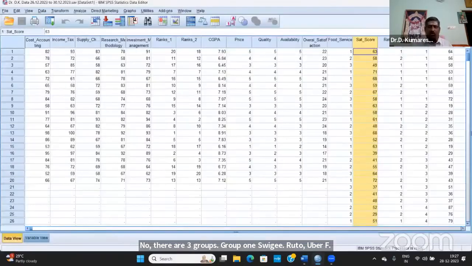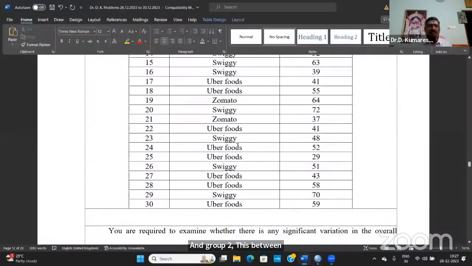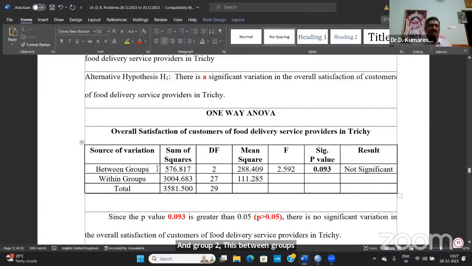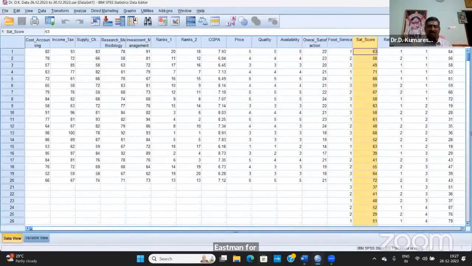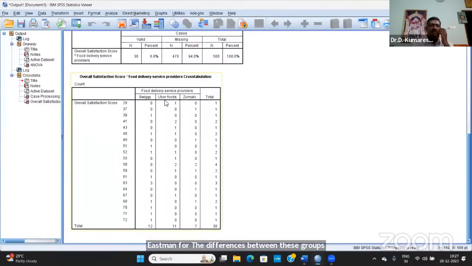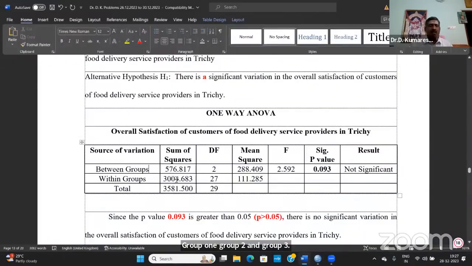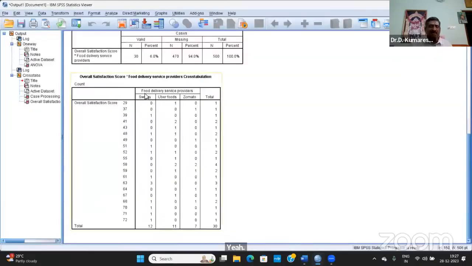This between groups is meant for the differences between these groups. Group 1, Group 2, and Group 3. Then what is within groups? The difference in the group among the Swiggy, among the Uber Foods, among the Zomato customers.